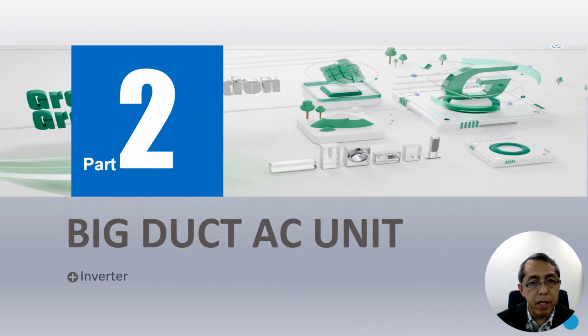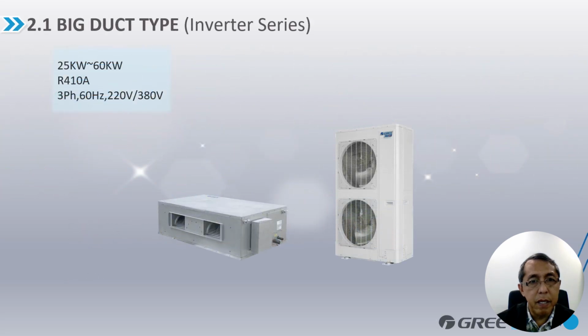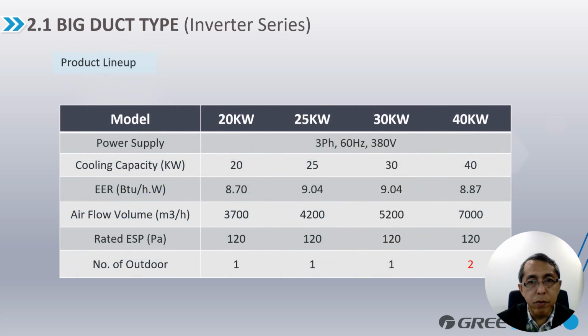For part 2, the big duct AC unit, which is an inverter unit, the capacity ranges from 20 to 60 kilowatt, and the rated ESP, you can connect, I think, ductwork for this is up to 120 Pascal.